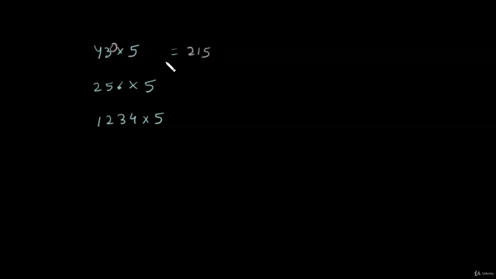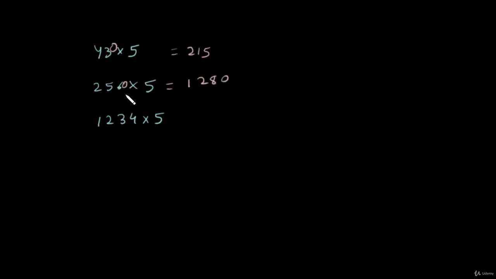Let's write a few more examples. Let us suppose that we have to multiply 43 by 5. Now we just place a 0 over here and then write the half of this, that is 215. So this is the answer. And now in this case, again we will place a 0, 1280.